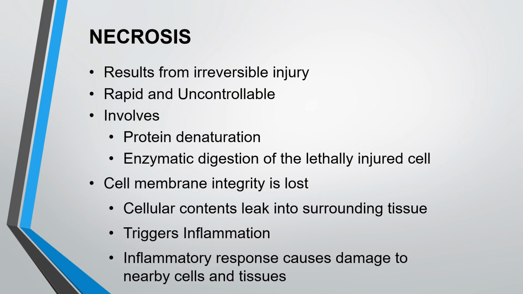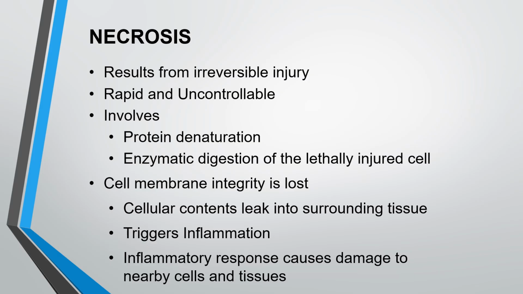This slide defines necrosis in plain terms, and it's important not to overcomplicate it. Necrosis results from irreversible injury. The cell didn't adapt, it didn't recover, and now it's done. It's rapid, uncontrolled, and messy. Proteins denature, enzymes digest the cell from the inside, membranes lose integrity, and then the contents leak into the surrounding tissue.